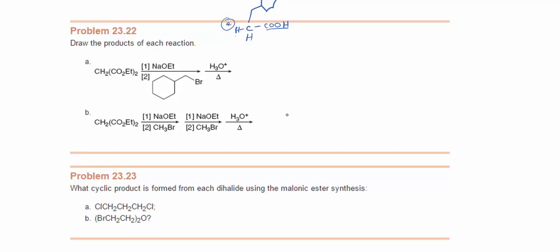So for B, we're going to go through the same steps. I'm going to draw it like this. The first step is to remove the acidic hydrogen. Then the alkylation comes in. So here's the alkyl. Then we're going to do it again.